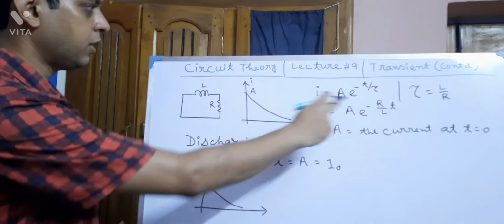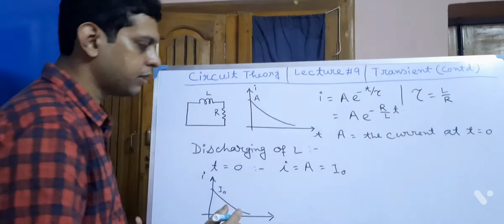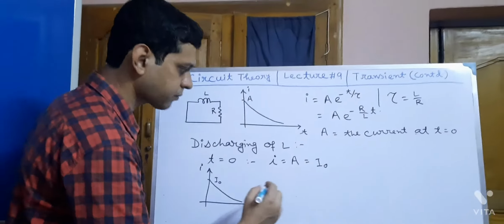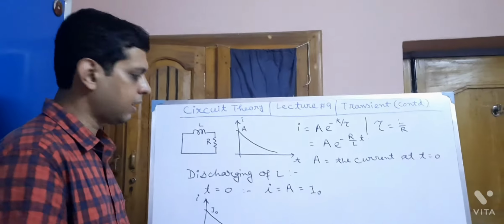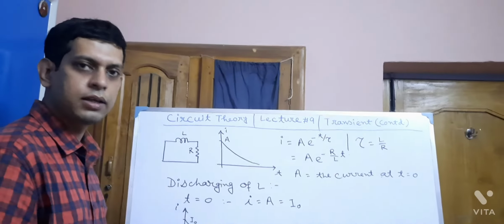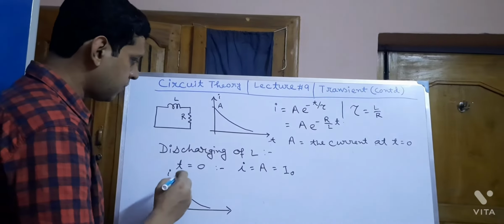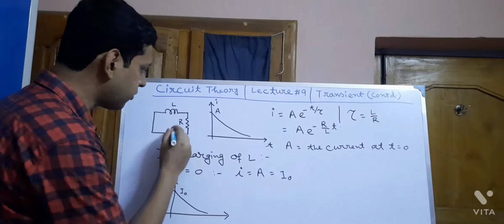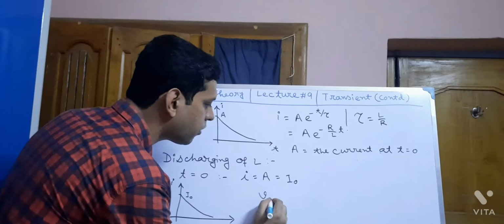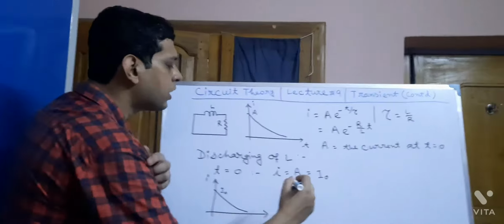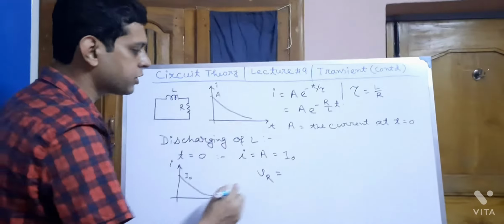Now, this will serve another purpose. The second purpose is, let us talk about charging of L. Before charging of L, let us talk about another thing here. VR equal to what? VR is the voltage across the resistance.